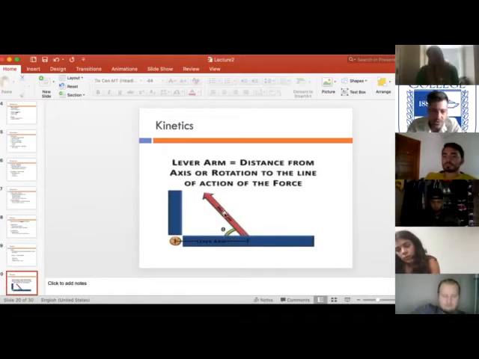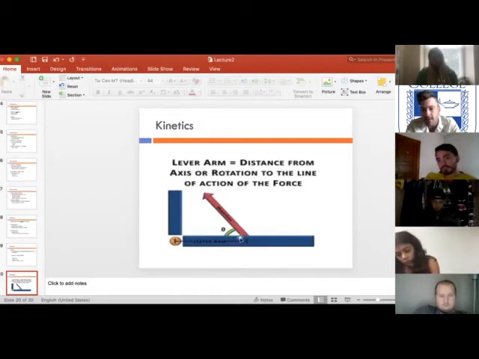And attached to that, you have a bicep. And the bicep is not attached at the elbow. The bicep is attached more distal than the elbow. It might not be a very long distance between the insertion point of your bicep tendon on your forearm to the elbow, but there is a distance there.